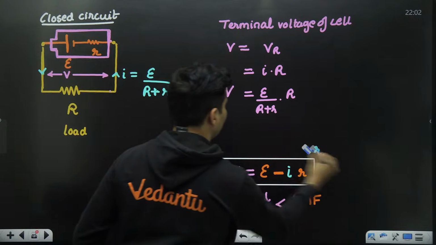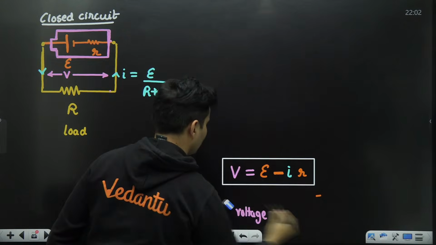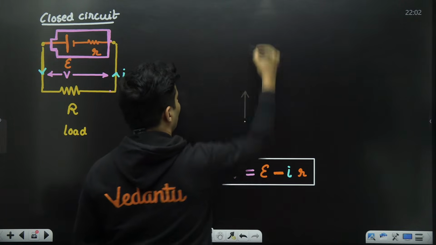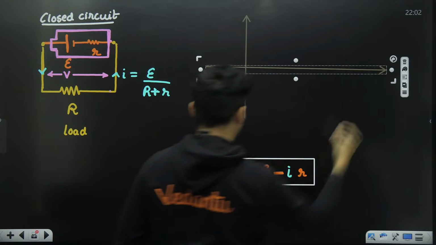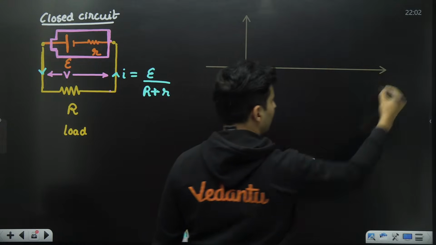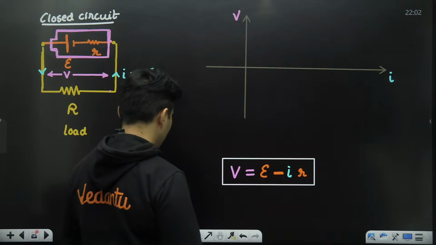This also leads to one more thing over here. So I can just get rid of this. If I draw a graph over here, very, very important. Let's say this is our current, and let's say this is our terminal voltage.